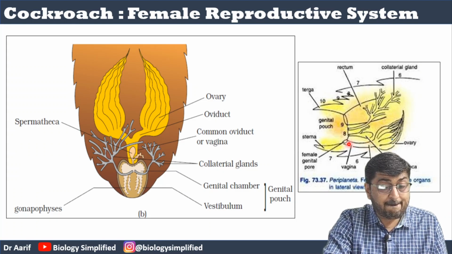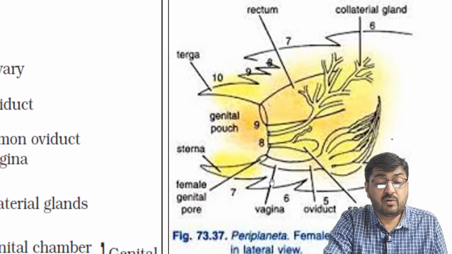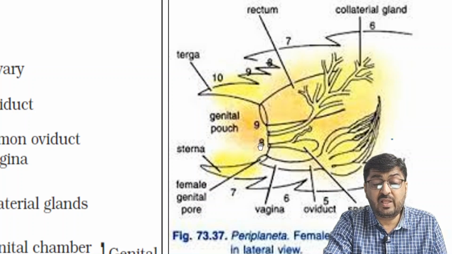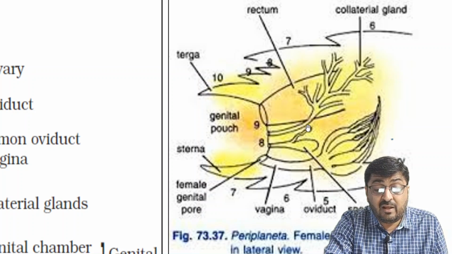Here I have something more important. Look at this. Do we have the vagina opening in the genital pouch through the female genital pore? The spermatheca also opens into the female genital pouch. And we have one more opening, if you can identify.